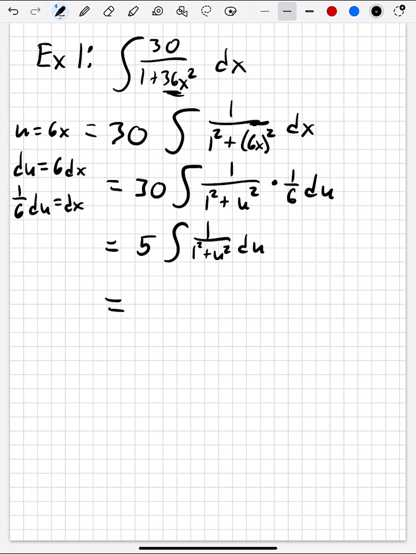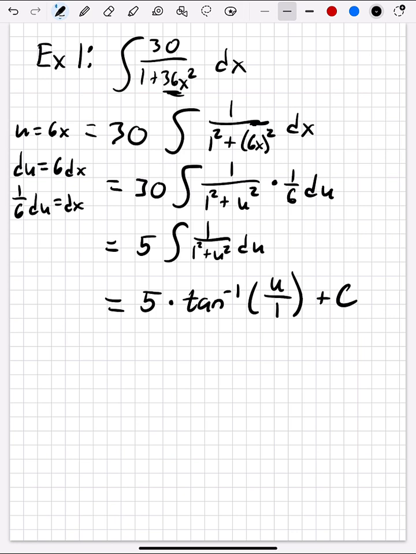All right, and so that is 1 over a. Well, a is 1, so that doesn't change anything. So I have 5 times 1 over a, which is 1, so nothing. Then the inverse tangent of u over 1 plus c.